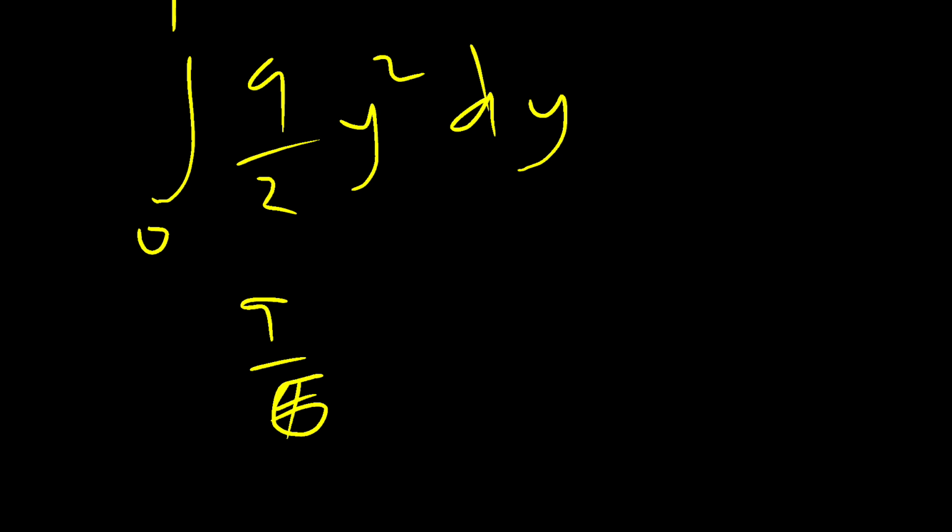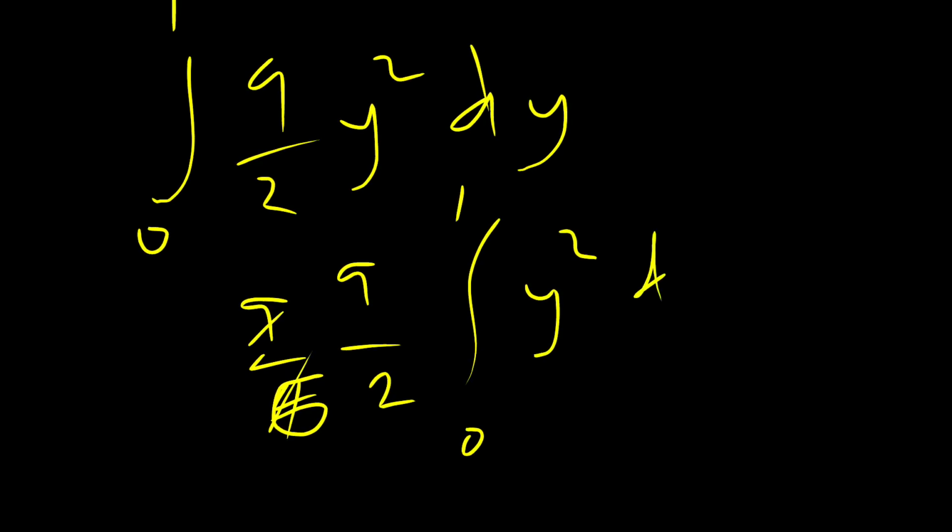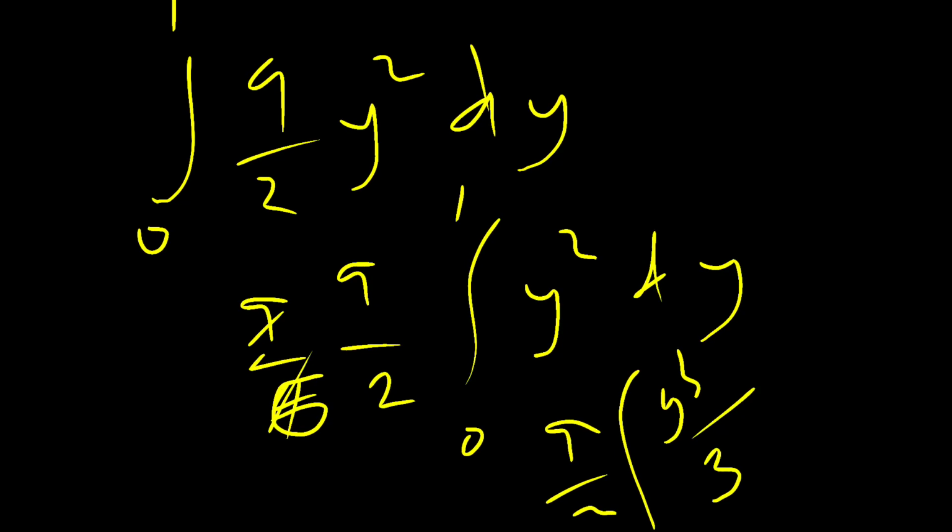Let's factor out 9 over 2 to make it quicker. So we'll have 9 over 2 times y to the power 3 over 3, from 0 to 1.